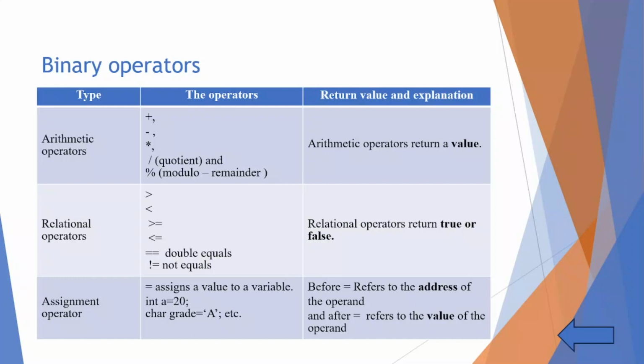After equals to, whichever value will be stored in the address. We can also say int B is equal to 3, int A is equal to B. So contents of B will be stored in A. So before equals to, address; after equals to, it refers to the value.